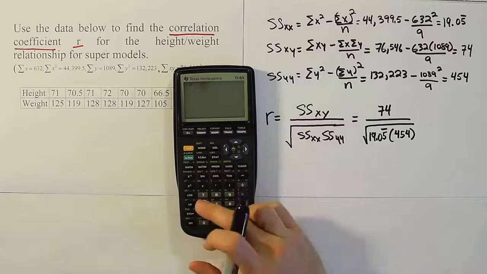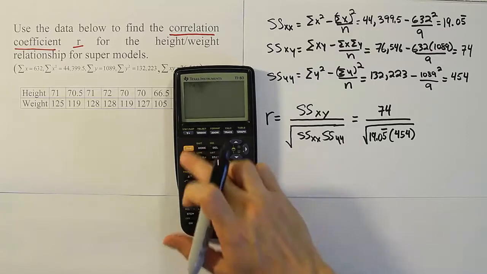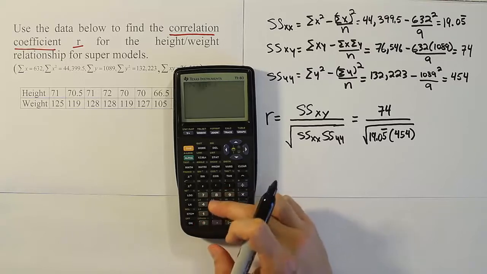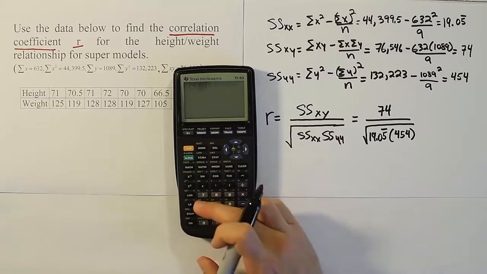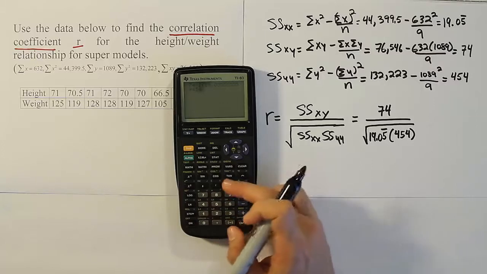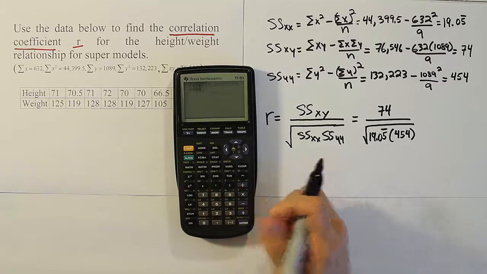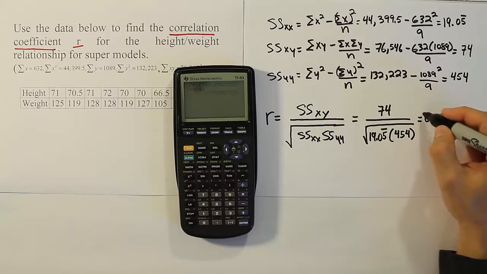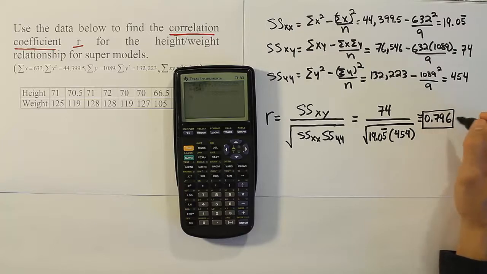So we'll have 74 divided by the square root of, in this case, 19.055555 times 454. Close the parenthesis for the square root, hit enter, and we get the answer 0.796. Okay, so that's rounding it, so it's approximately 0.796.